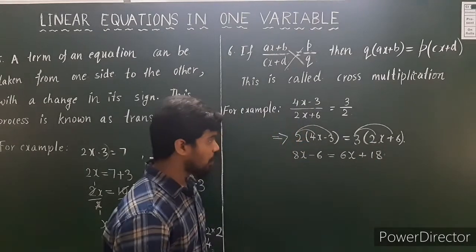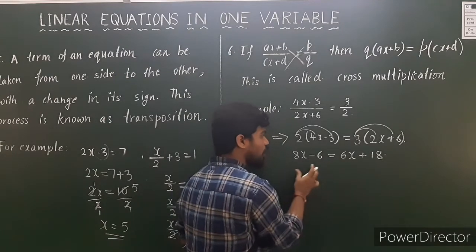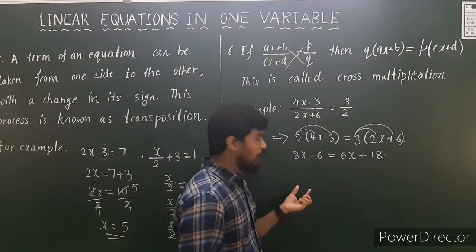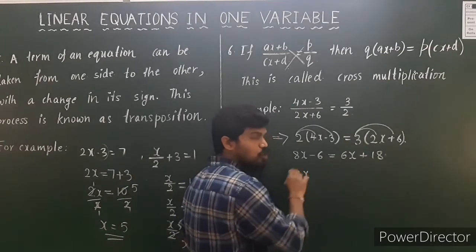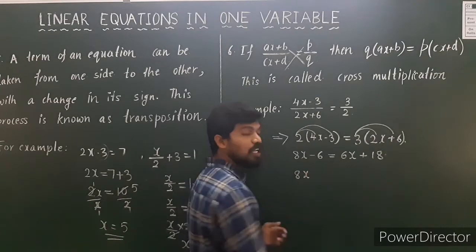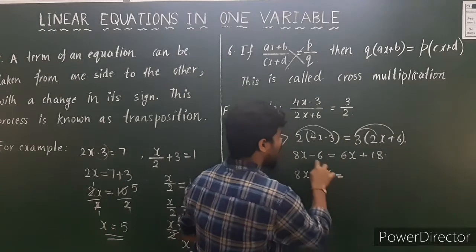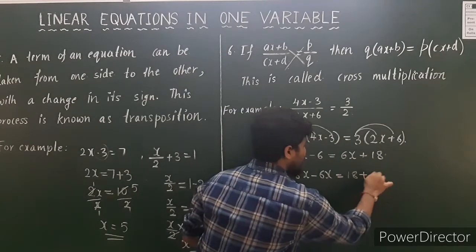Correct? So next, take all variables together and constants together. All variables you take to LHS: 8x, and 6x you transpose to LHS, you get minus 6x, and minus 6 you transpose to RHS, you get 18 plus 6.